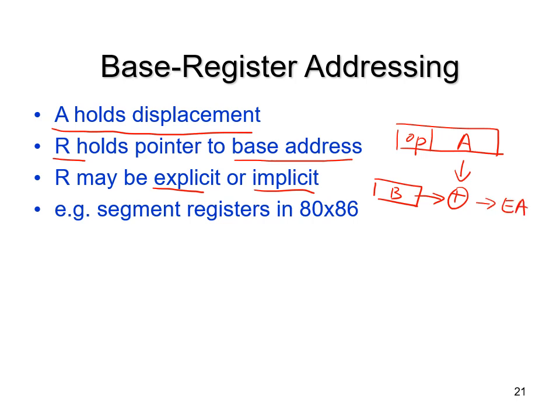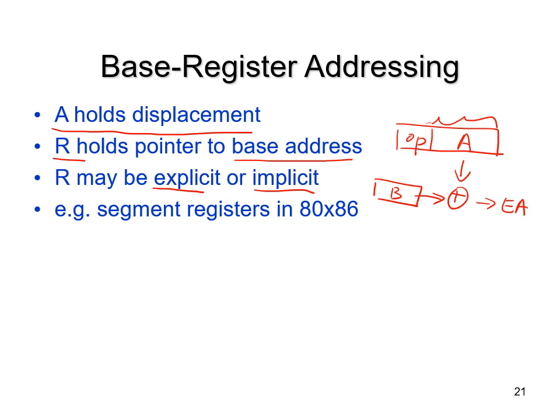Therefore, the base register does not need to be put into the instruction. By using this approach, you can see that the address specified in the instruction becomes longer, because we do not need to save the bits for the base register.